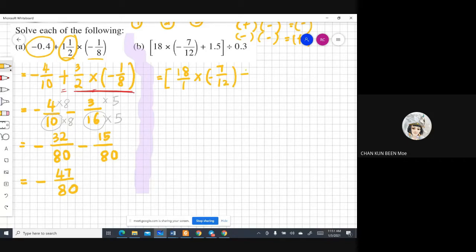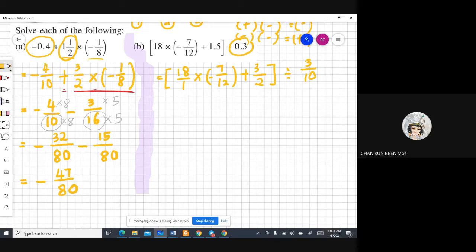Plus, now 1.5 is 1 and 1 over 2, so we change it into an improper fraction, which is 3 over 2. After that, divide by 0.3. We also know that 0.3 is 3 over 10.